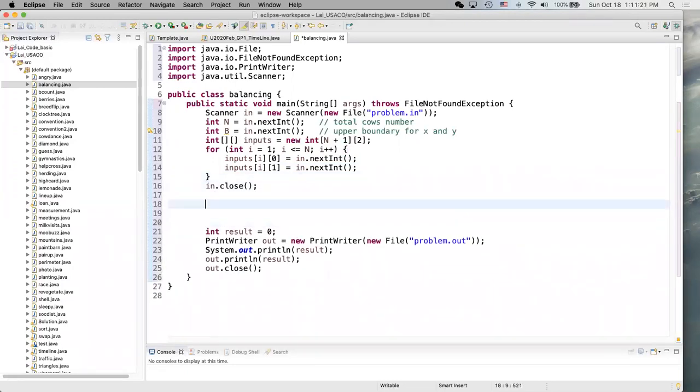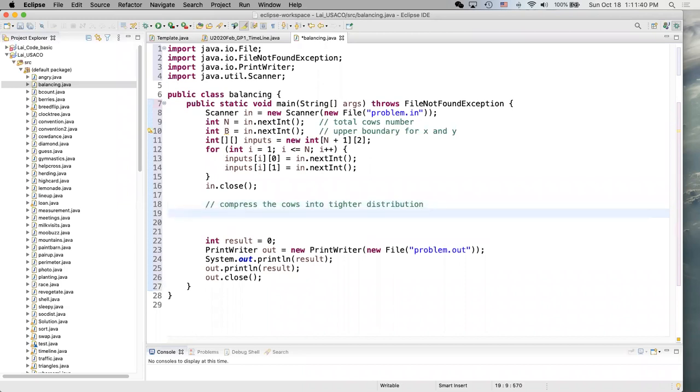Now we're going to discuss the algorithm. What's the first job, folks? Compress the cows into a tighter distribution. Remember the example I showed you: we take the x from the original farms in ascending order and put them into our new farm, starting from 1, 3, 5, 7, basically odd numbers going up.